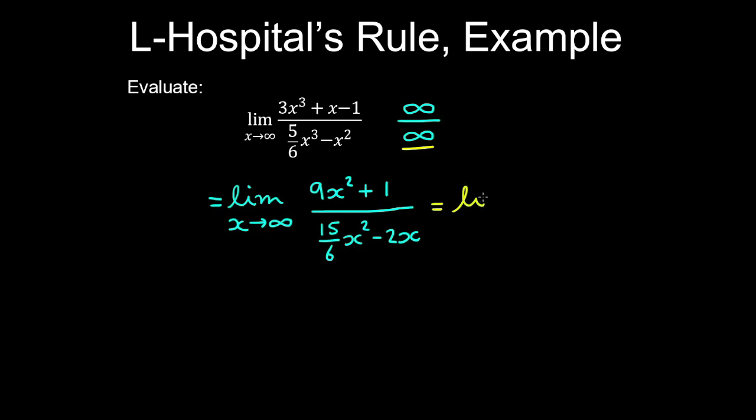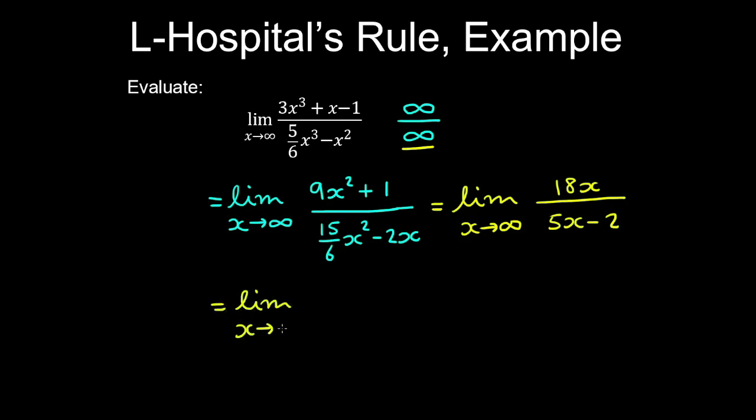So we apply L'Hopital's rule again. And it's still indeterminate. So we differentiate again. And this gives 18 on 5, which is the same as the quotient of the coefficients of the fastest growing terms in the numerator and denominator.